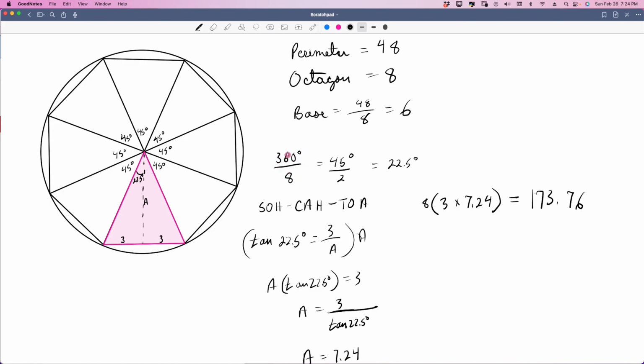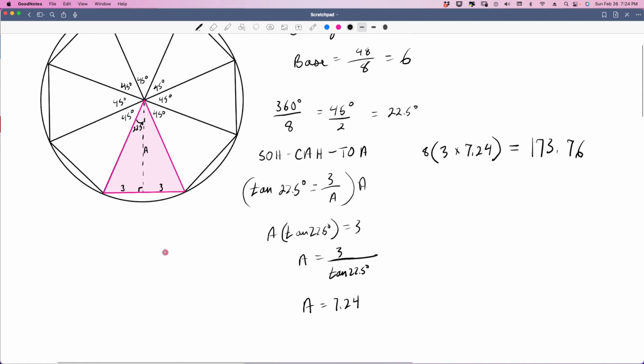So we would divide 360 by 8 to find the central angle for each one of the triangles here, which allowed us to then find half of that for the right triangle that we created, so we could use SOHCAHTOA to find whatever missing information we had. And then that allowed us to find the apothem, or the height of the triangle, and then multiply by the base that we had already divided by 2, then by 8, which was the number of triangles in the octagon, to get the number of units. So easy peasy, not a problem.